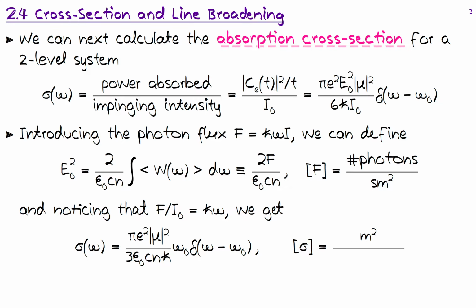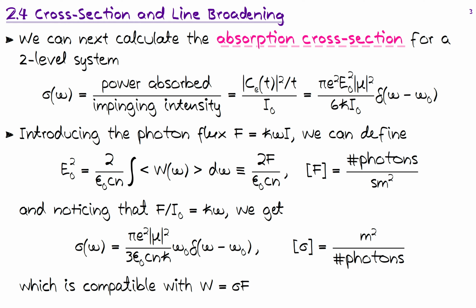The units for absorption cross-section are meter squared per number of photons, which is compatible with the previous notation, so that the rate of absorption W equals sigma times F, the photon flux. The units for this rate of absorption are inverse seconds, and this is what we were using before in the equations.